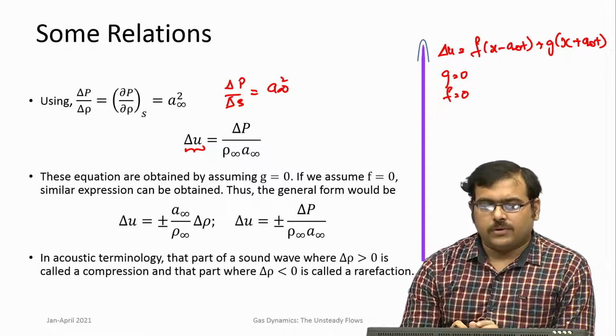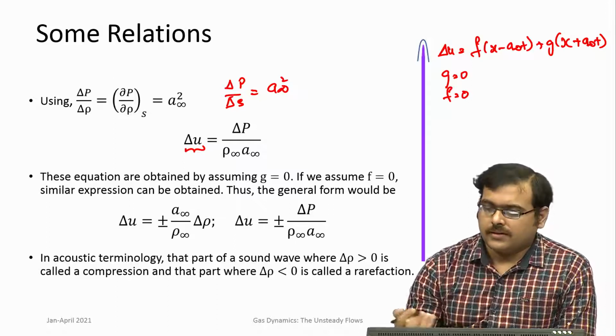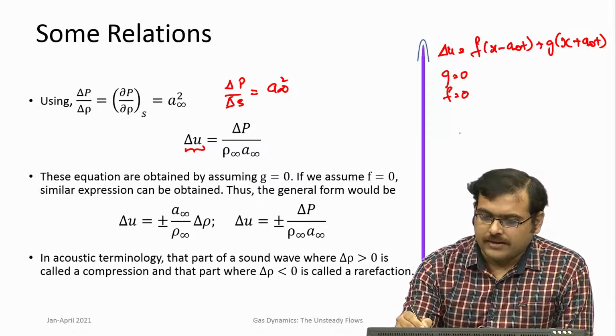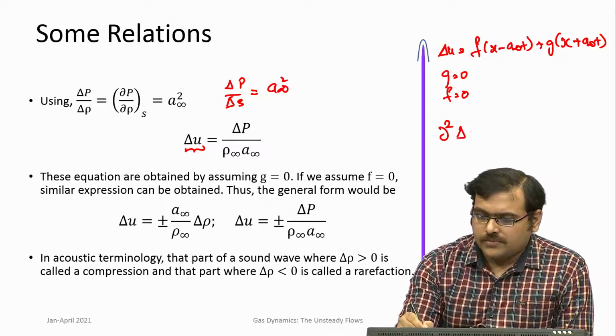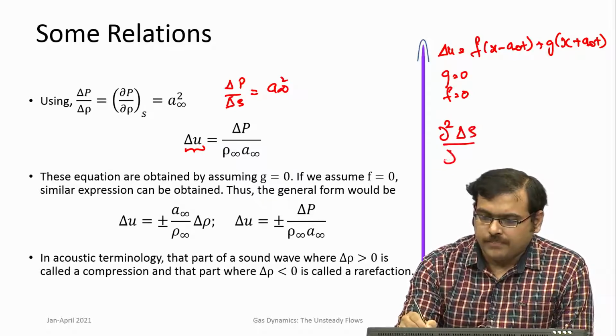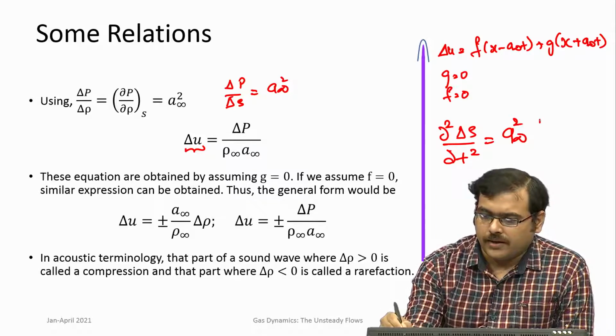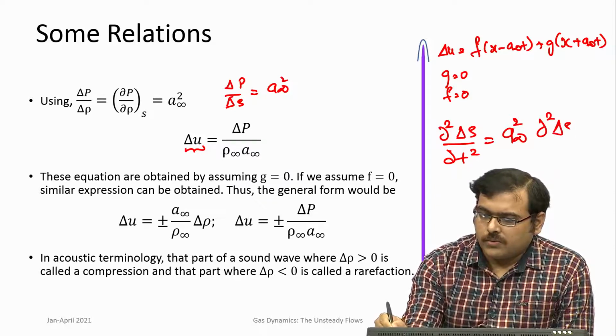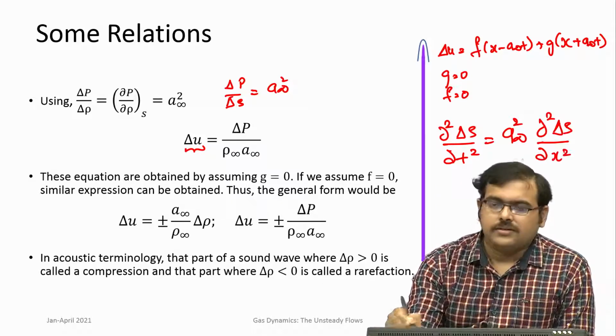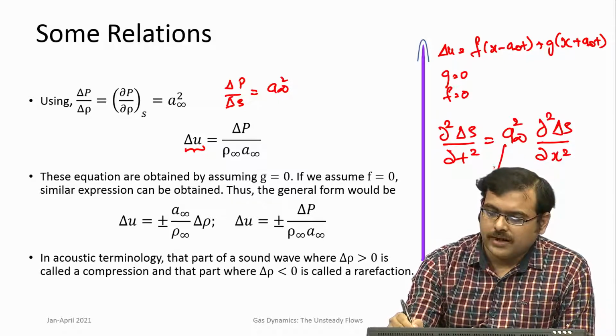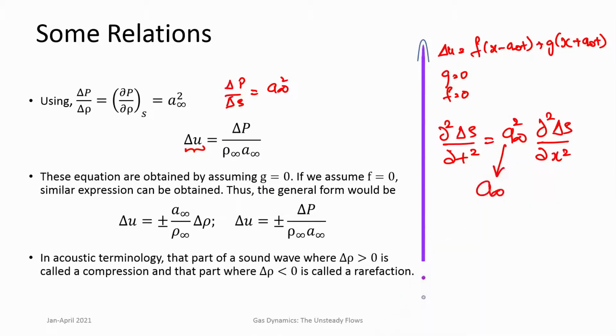Now in this, what you noticed was that you finally get the wave equation: dou square delta rho by dou t square is equal to A infinity square dou square delta rho by dou x square. This is a wave equation with A infinity the speed of sound, which is a constant.